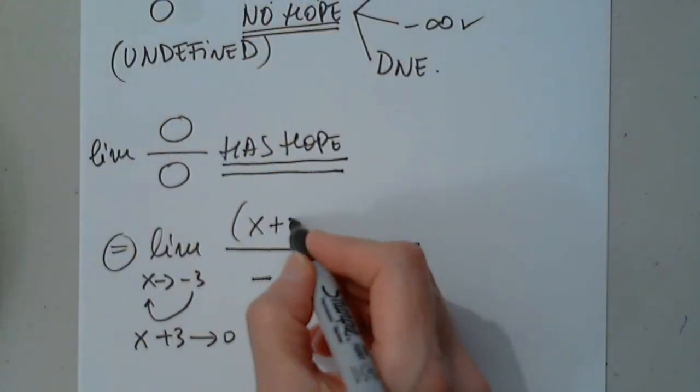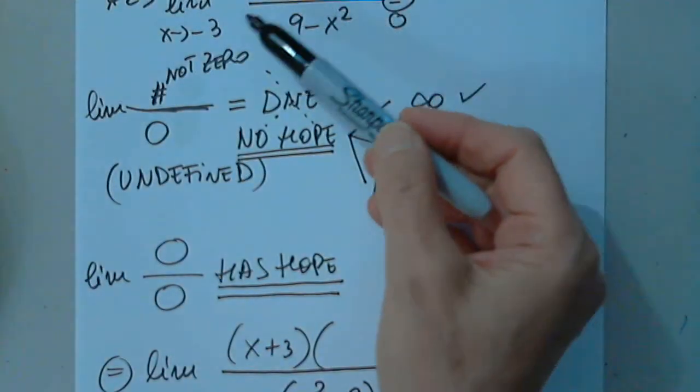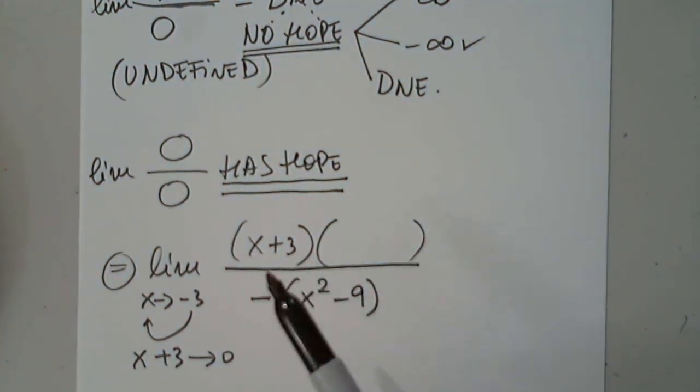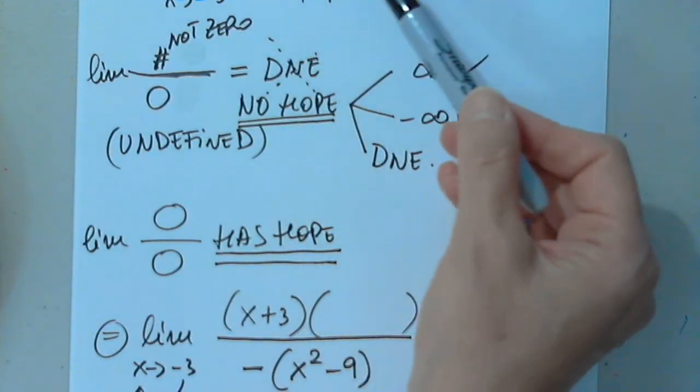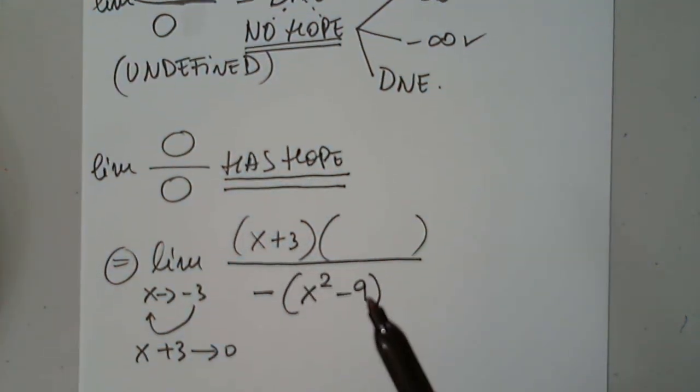So x plus 3 must be a factor. So when in a polynomial we plug in -3 and we get 0, x plus 3 must be a factor. If I plug in 10 and I get 0, x minus 10 will be a factor.